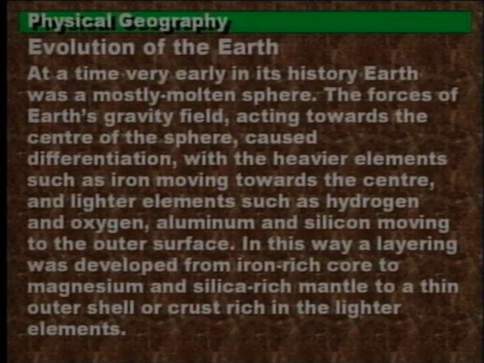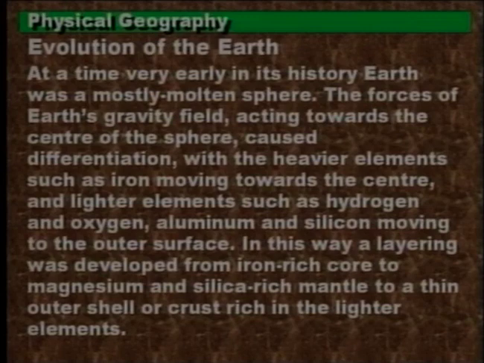And in this way, a layering was actually developed from an iron-rich core to a magnesium and silica-rich mantle to a thin outer shell or crust which is rich in the lighter elements.